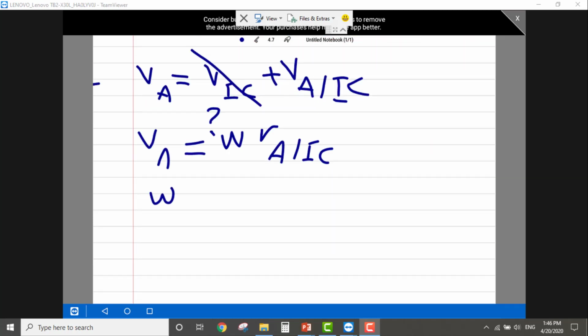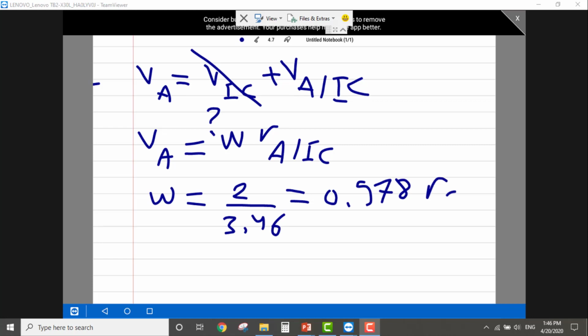So omega is equal to 2 meters per second divided by 3.46, which is 0.578 rad per second. I will take 3 digits.